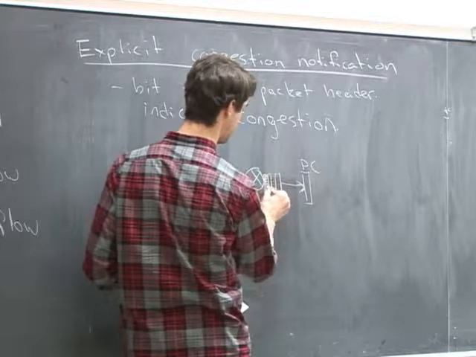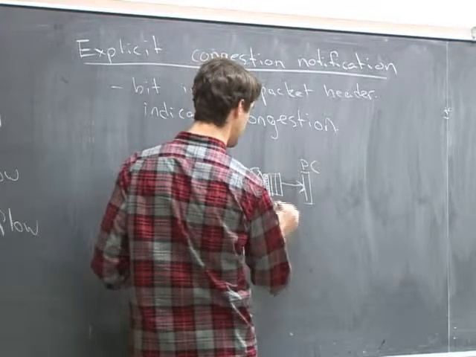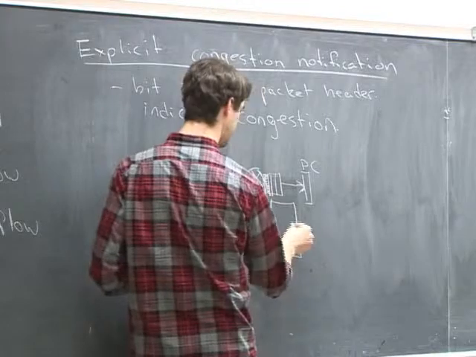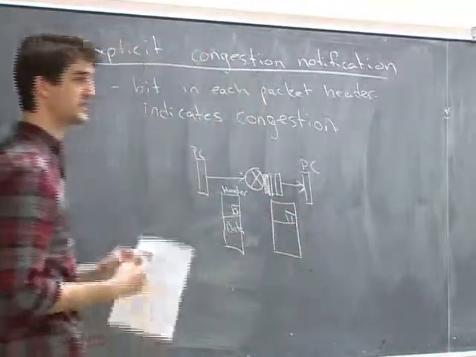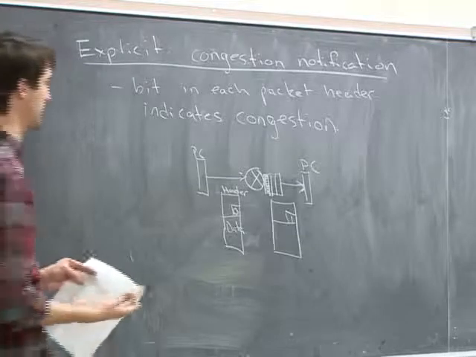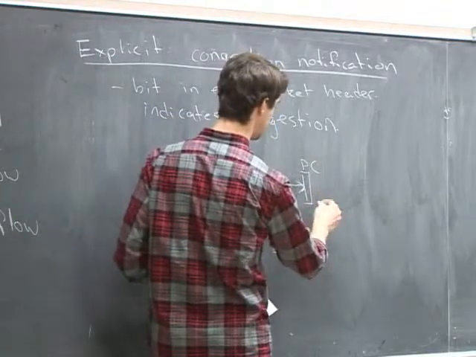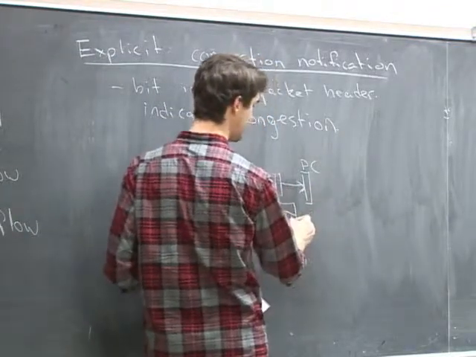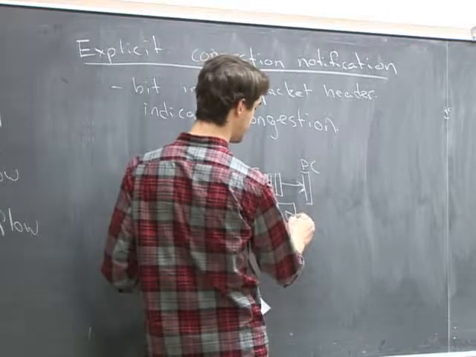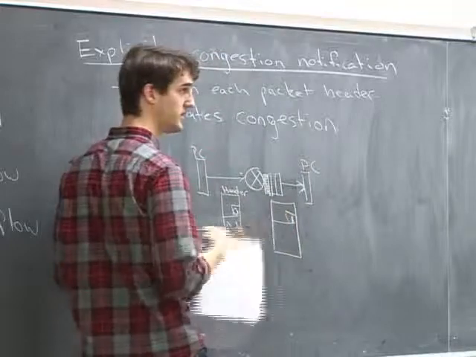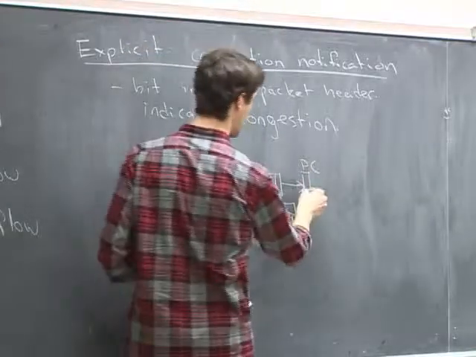It's the last packet in this buffer. So now this router will set that congestion field to 1 to say, yes, there is congestion in the network. It goes on to the destination, and the destination does not modify this field, okay? Once the congestion field has been set to a 1, no other devices change that.